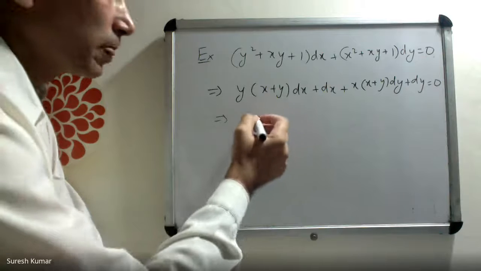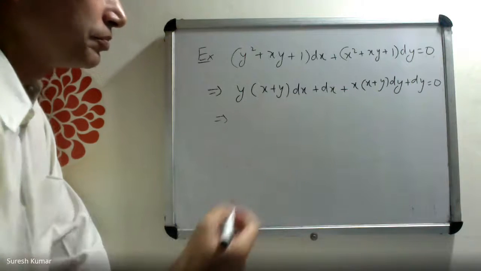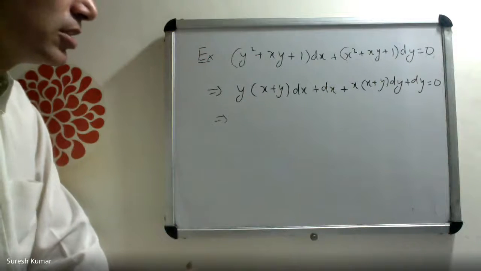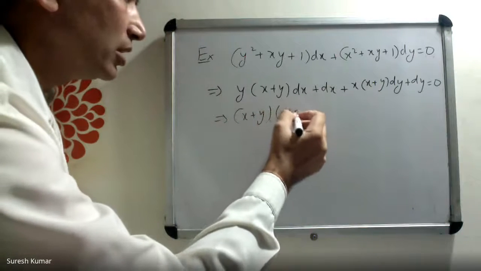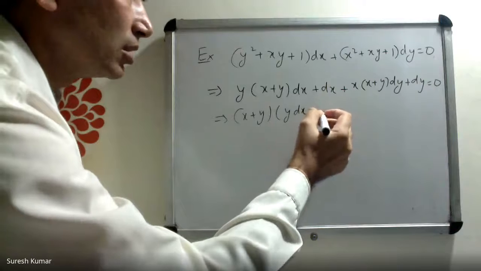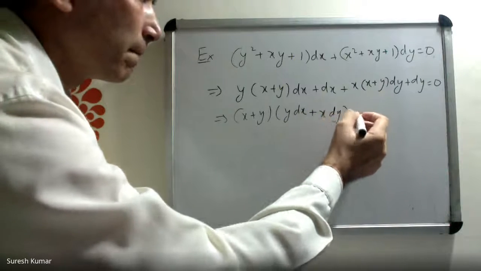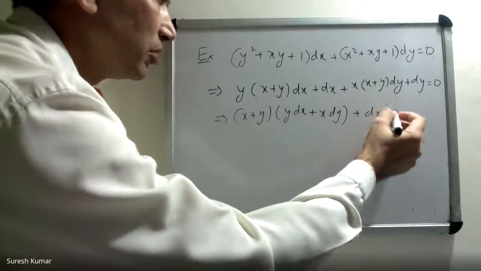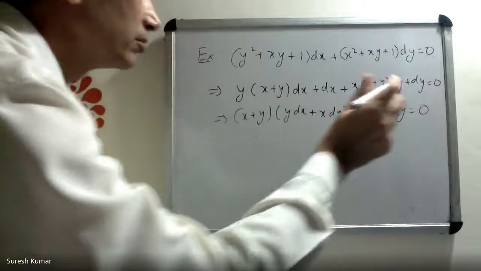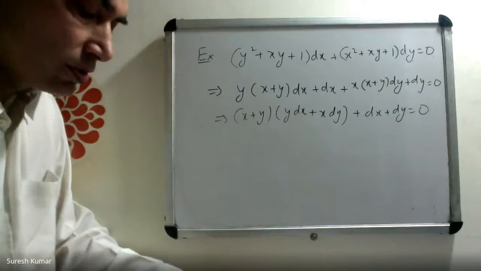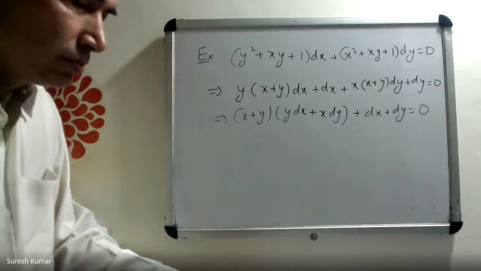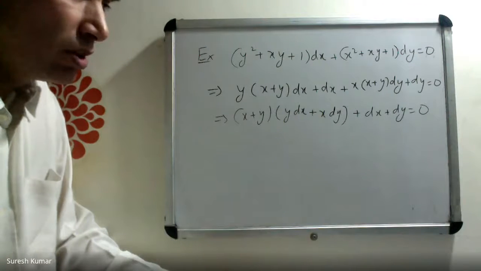After that, what can you do next step? x plus y into y dx plus x dy plus dx plus dy. I have just rearranged the terms. Are you able to understand the step?